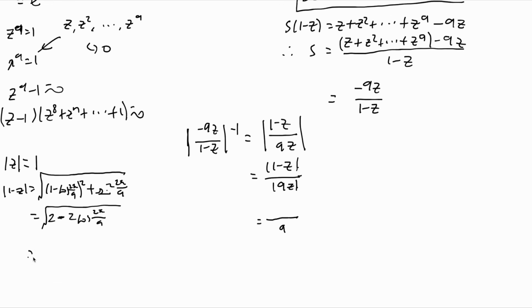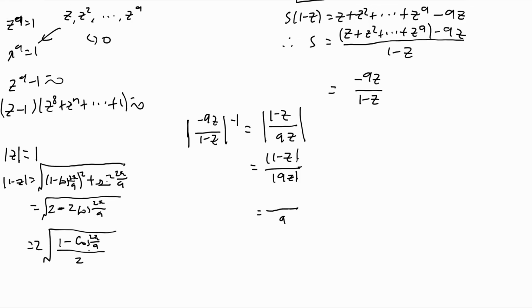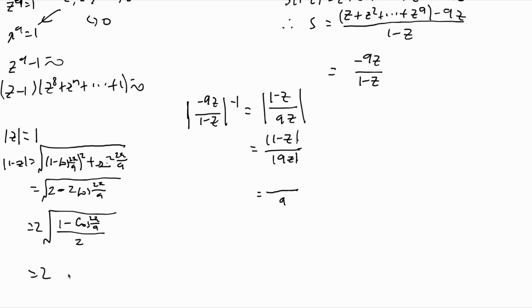Now one interesting thing that we can do here is this. And the reason why we decided to do this is because we can notice that this is simply equal to a sine of pi over 9, I think so. Yes, because it's the half angle theorem.